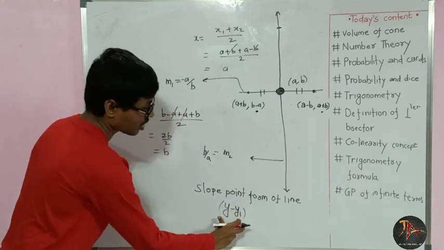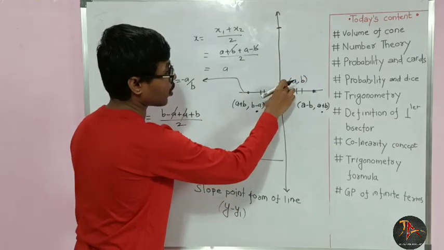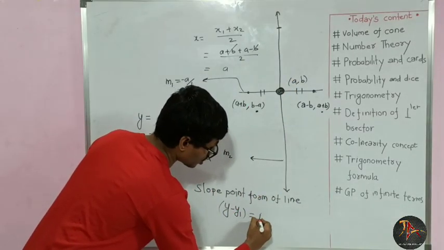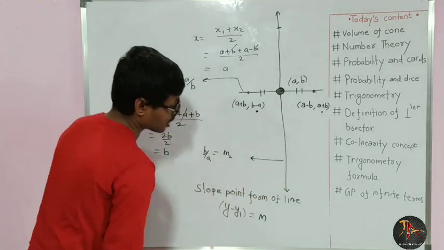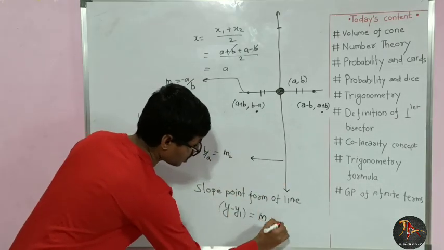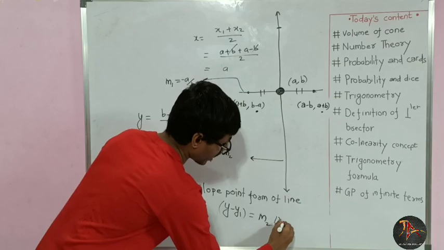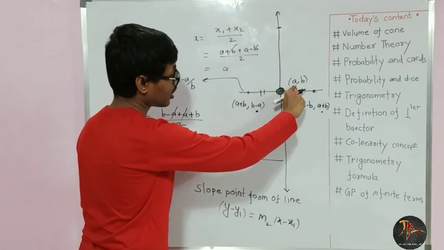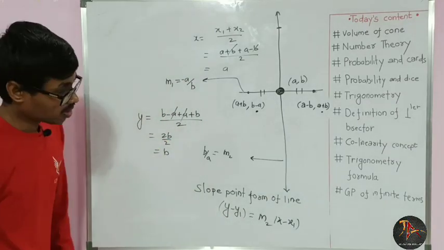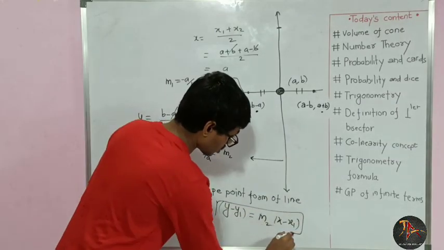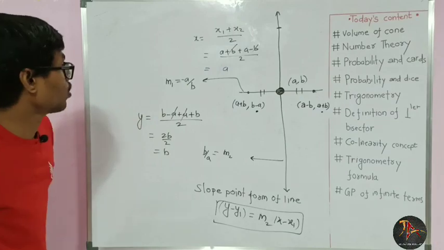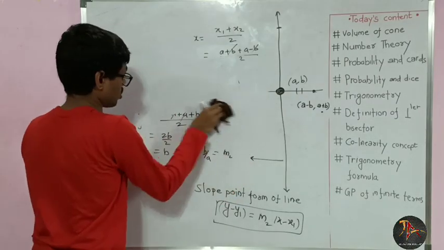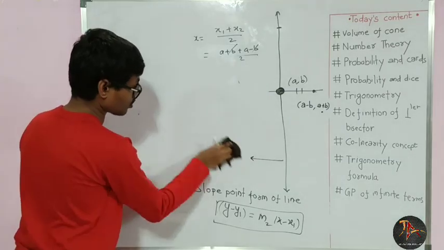What is y1? y1 is the y coordinate of the point which lies on this line. m is the slope of this line, which is m2. And x1 is the x coordinate of that point. This is the equation of this entire line. Now let me erase all these extra things.